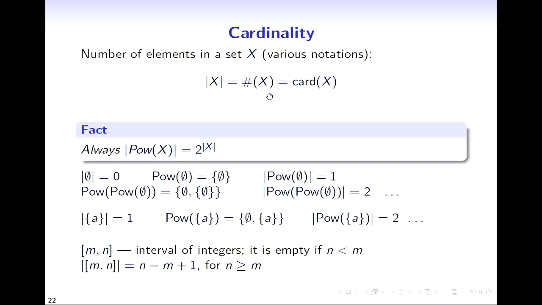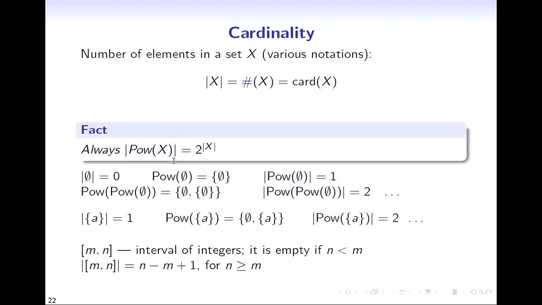Sometimes you will find this notation indicating the number of elements in X, or card of X for cardinality is a notation that is often used. What can we say about the size of various sets?